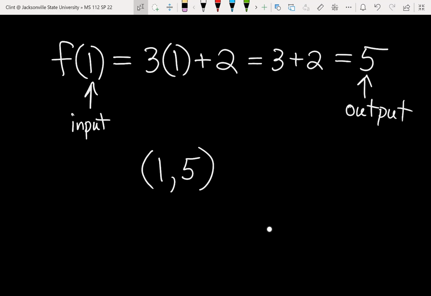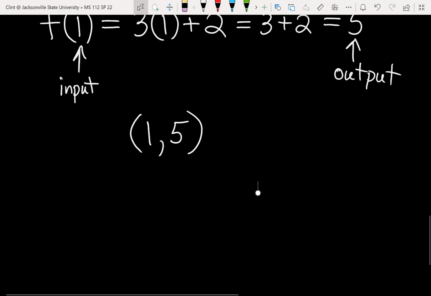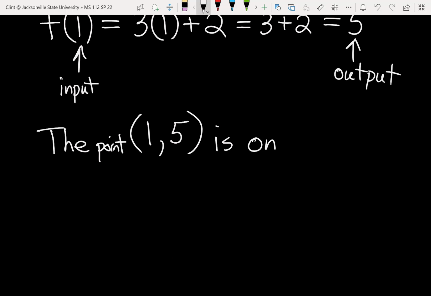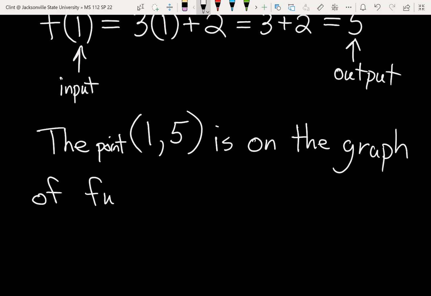Another way of saying that is that the point 1 comma 5 is on the graph. We'll talk about those a little more later. But that means it's on the graph of our function f.